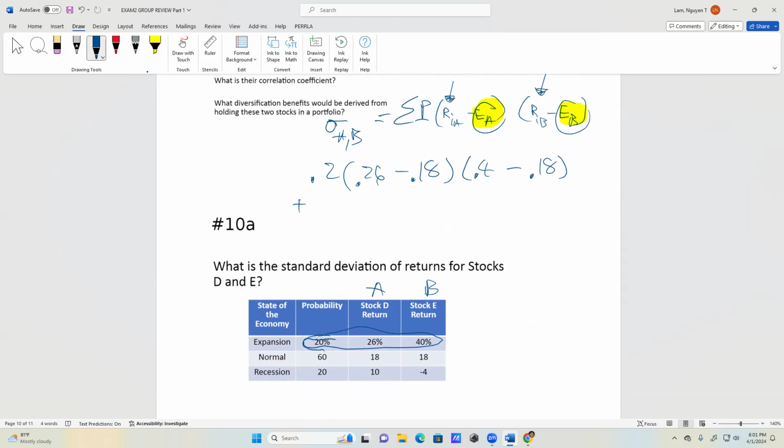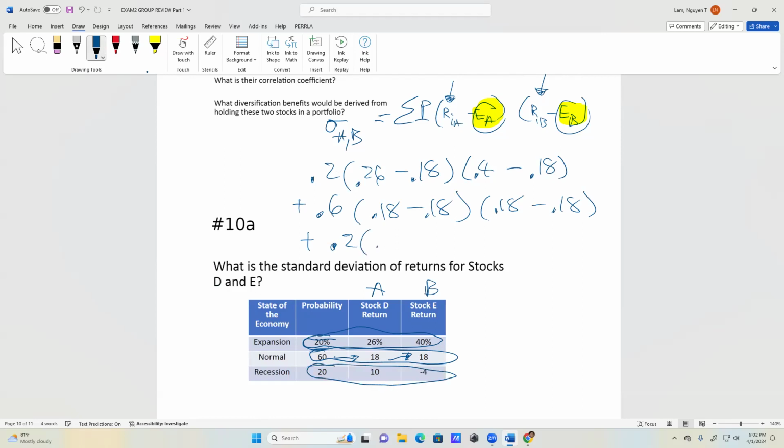All right, let's do step 2, because we finished with the 0.2 probability. There's another probability we haven't considered, 0.6. Next to that 0.6 is 0.8 minus the expected return, 0.18. Then what is next to it? Again, 0.18 minus 0.18. That finishes the second probability. The third probability is 0.20, the last row right here.